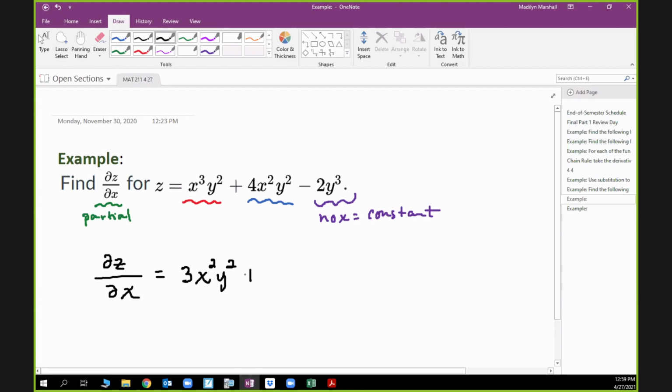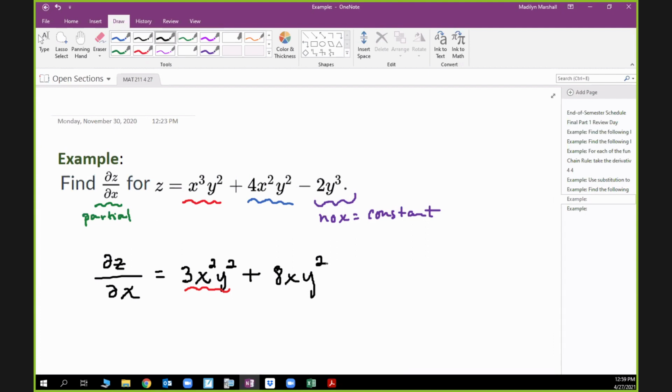So how about that next term? 8x y squared. Exactly. So again, the y part is just a thing that's multiplying. It's just hanging out, just like the 4.